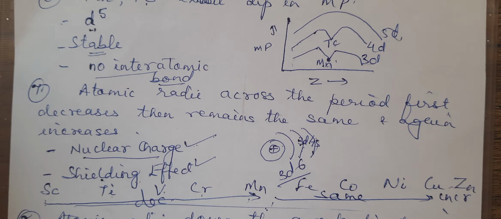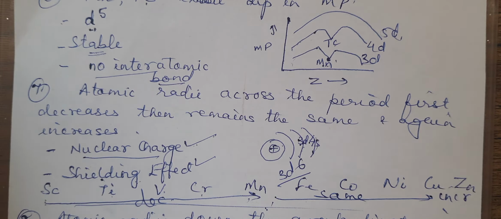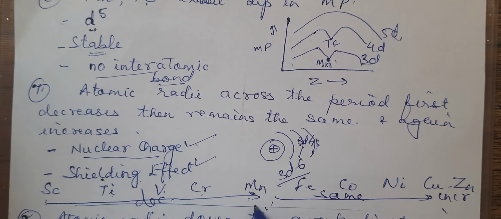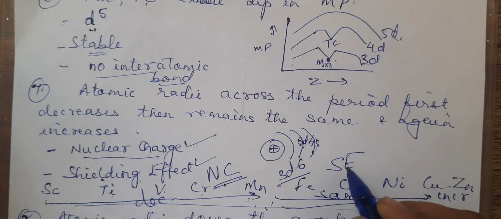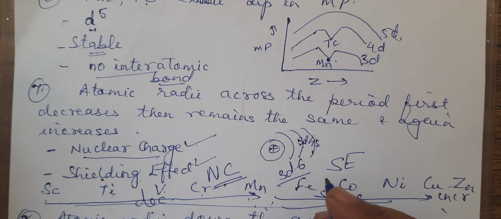Shield becomes strong means the effect of the nuclear charge will reduce. So initially, the effect of the nuclear charge is more, so the size decreases. Thereafter, the shielding effect becomes more because the electrons get paired up, so the shield is becoming strong.